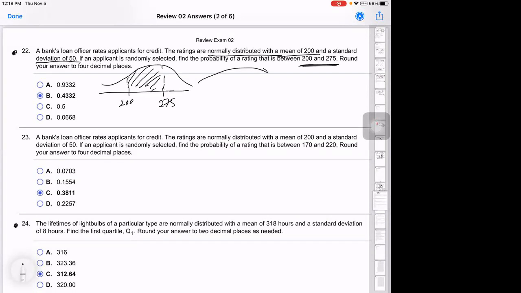So you have to convert by using Z equals x minus mu divided by sigma. Then it's going to be a perfect bell shape. You will have two values, and you can find the area. That area is exactly the same as this area. So how do we do it?